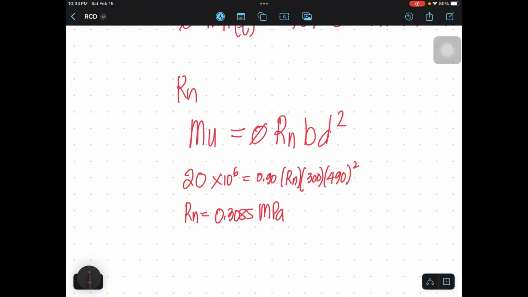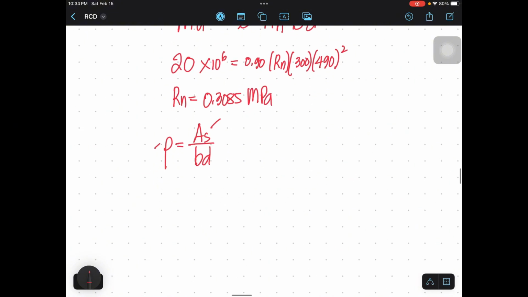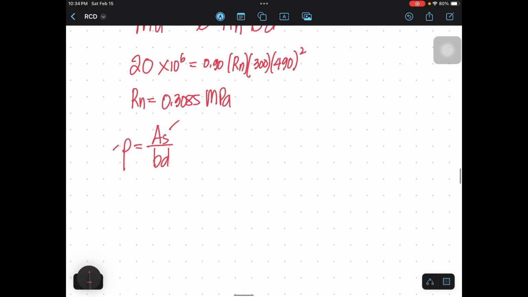Next, after natin ma-compute yung coefficient of resistance, pwede na natin gamitin yung formula ng area or steel reinforcement ratio, dahil yung steel reinforcement ratio is area of steel reinforcement over the dimension of the section. So, if meron na tayong rho at meron na tayong dimension, makukompute na natin ngayon si area of steel reinforcement.